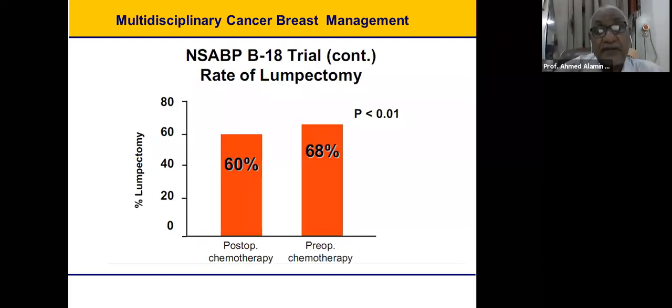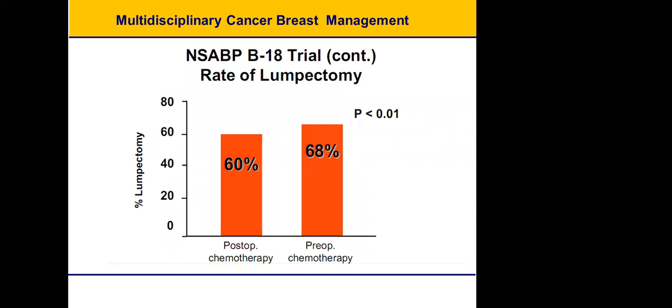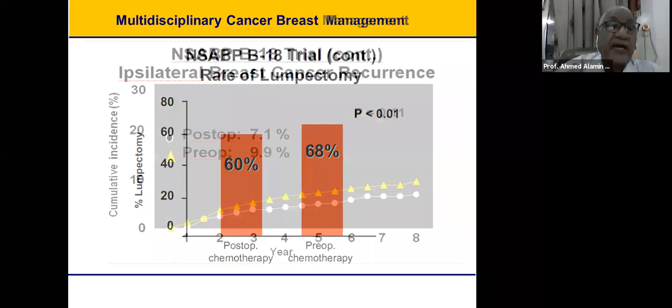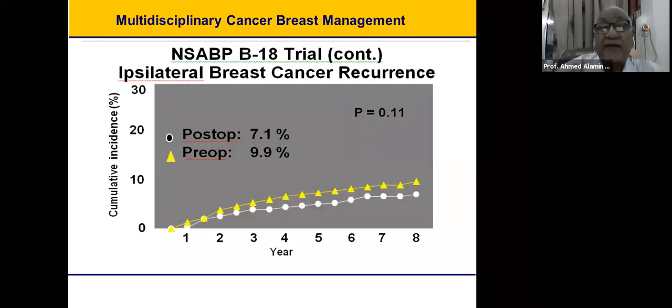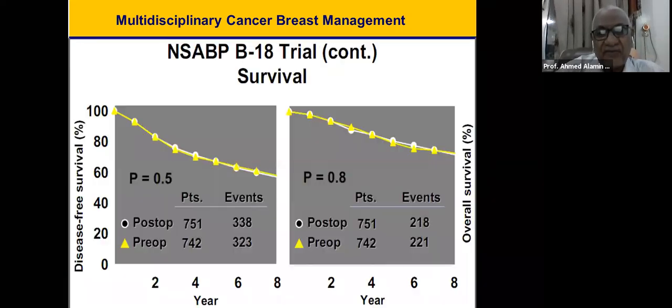And the lumpectomy rate is greater with preoperative neoadjuvant chemotherapy than with postoperative chemotherapy. The cumulative incidence of breast cancer recurrence seems not far apart, postoperative and preoperative look like each other. Survival is almost the same in both.